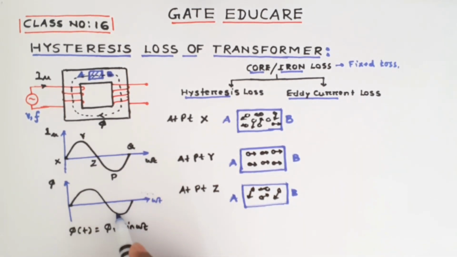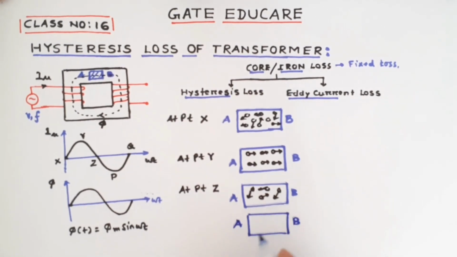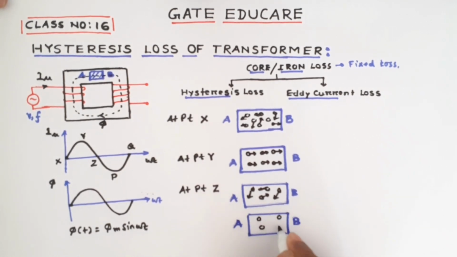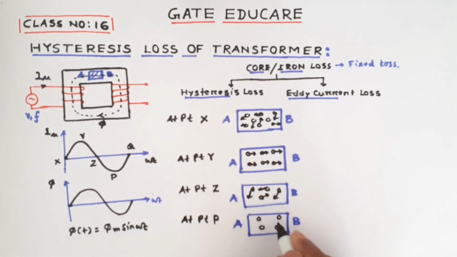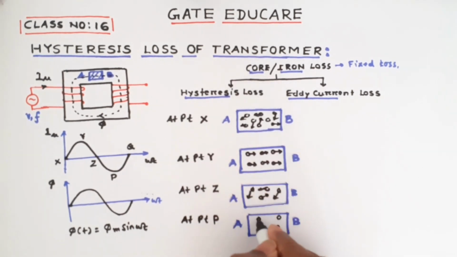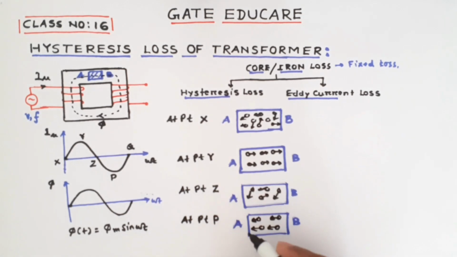Since the current is in the reverse direction, the flux is again maximum, but in the opposite direction of Y. Therefore, at point P in the AB portion, the magnetic dipoles are again arranged in a systematic way, but this is the forward direction and this is the reverse direction, opposite to Y.